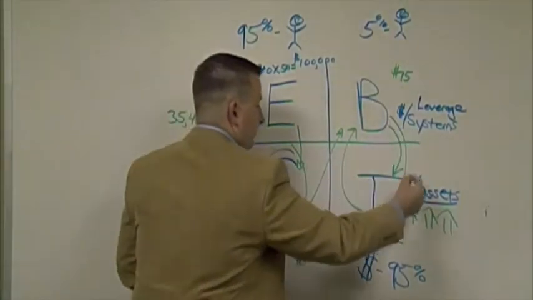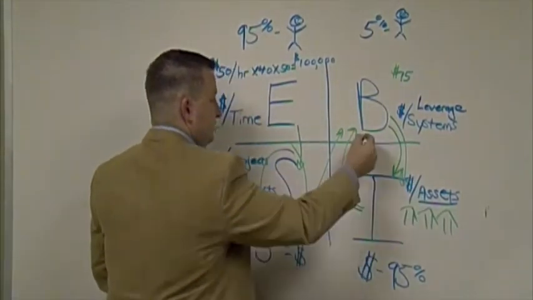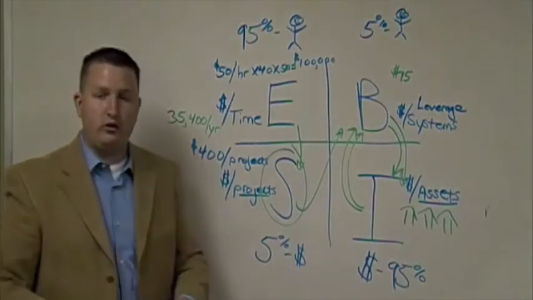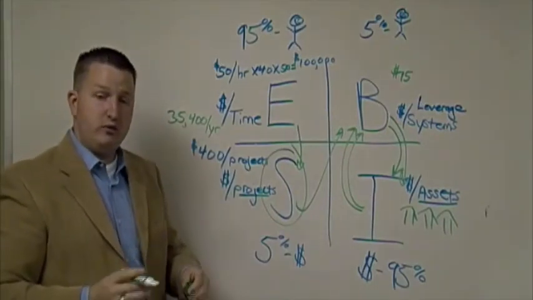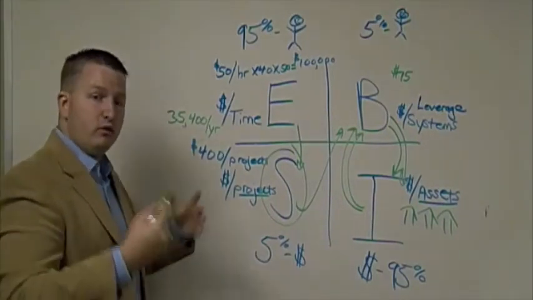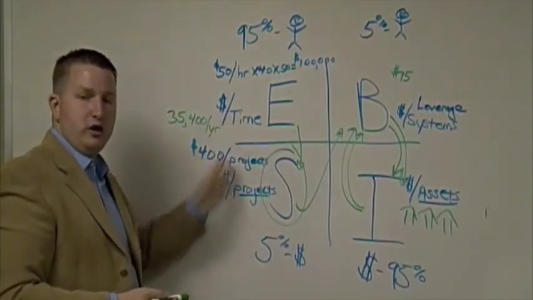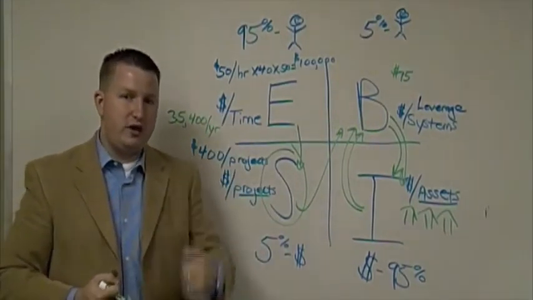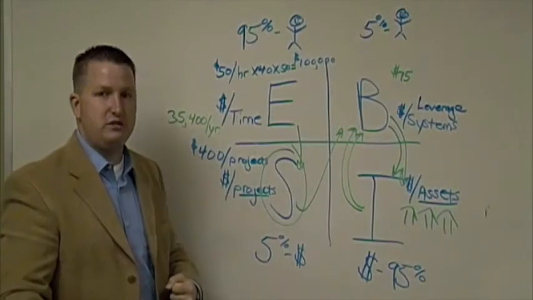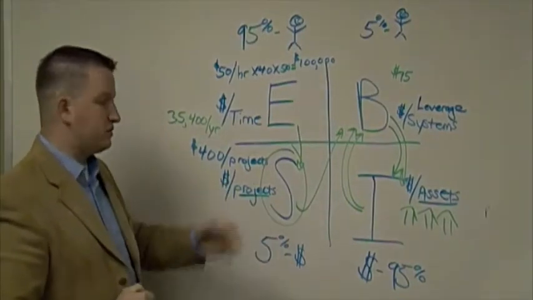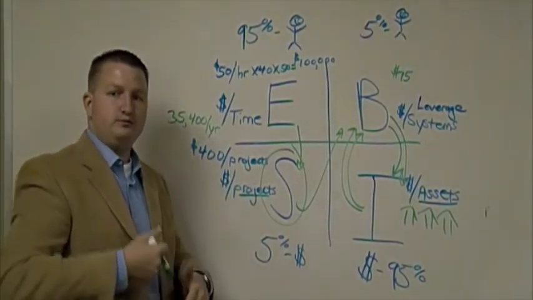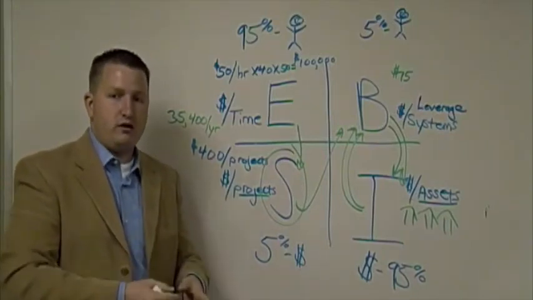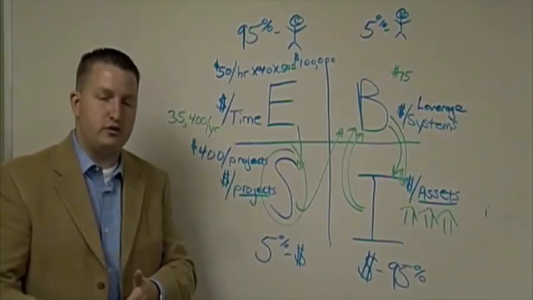And this is how, when you hear the phrase, the rich get richer and the poor get poorer, it's actually true. Because most of the time, people that aren't wealthy are living over here, trading their time for dollars, trying to get from that $10 an hour job to maybe $15 an hour, or trying as a self-employed person to get from $300 for a tax return to $400 for a tax return.